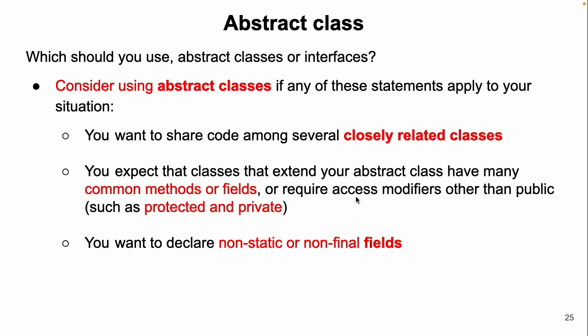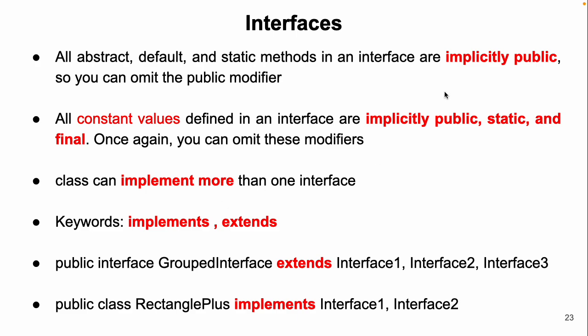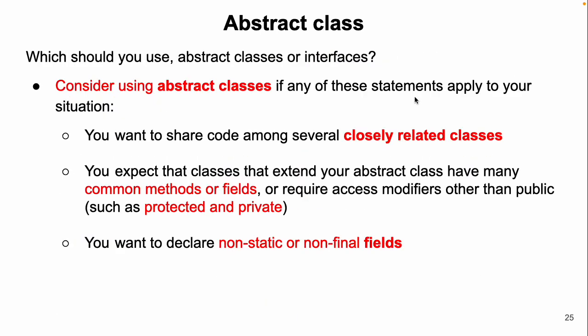And we also use specifiers other than public, like protected and private. In an interface, we see that all the methods are implicitly public, but here we can declare them as protected as well as private.